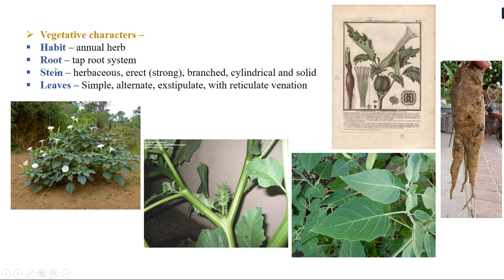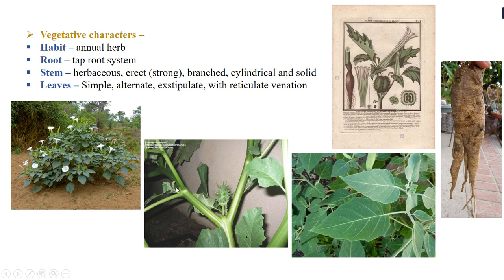The root shows taproot system, where there is a primary root that gives rise to secondary, tertiary and quaternary roots. Okay, so I hope you know the difference between a taproot system and the adventitious root system. Adventitious is when the roots are fibrous. Taproot is when the roots are differentiated into a primary root, a secondary root, tertiary and then the quaternary root.